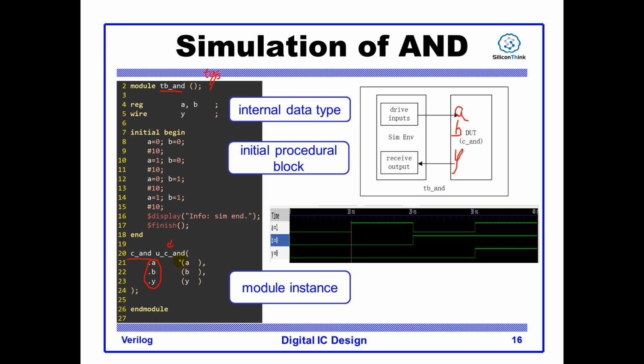And how to connect it? Connect to which signal in the upper level? So this is the signal in the upper level. The meaning of this A and this A is totally different.